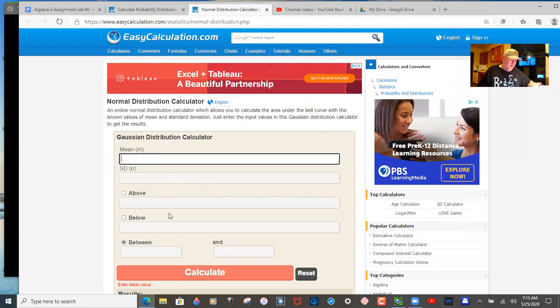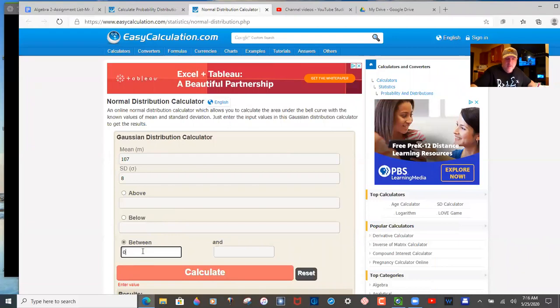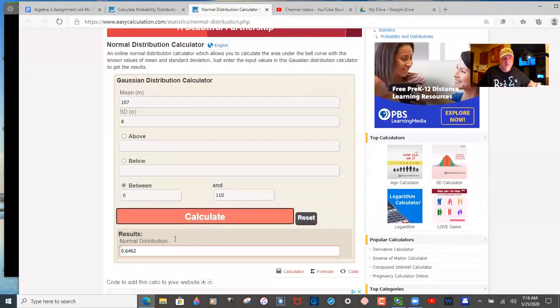So the mean is 107. Just hit tab. The standard deviation is 8. And then we're between 0, make sure we have that highlighted, and 110. It just doesn't make sense to have a negative IQ score.